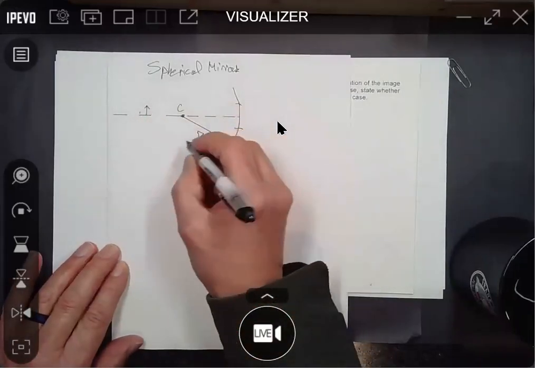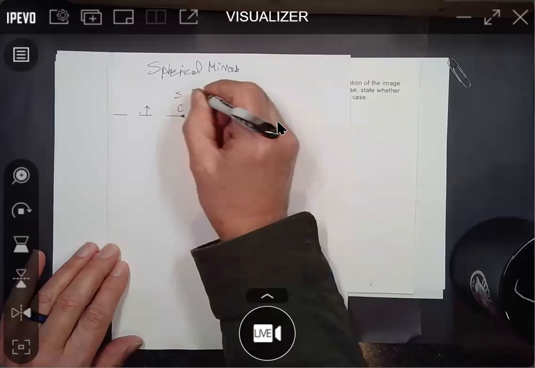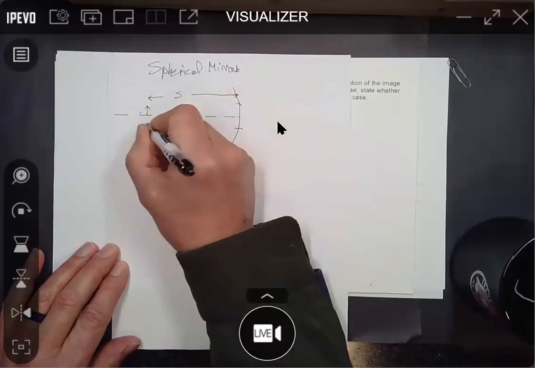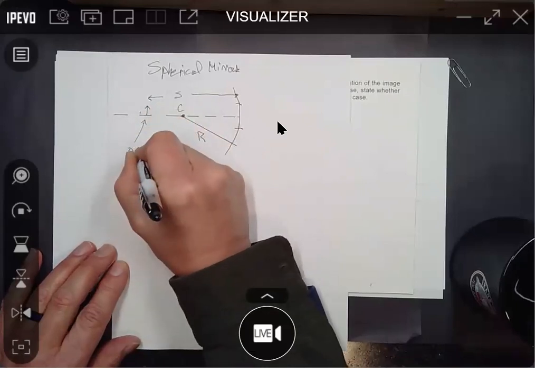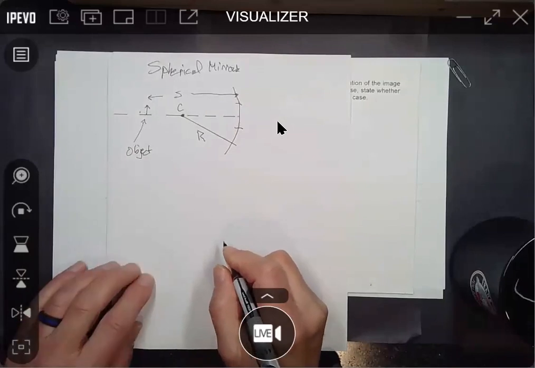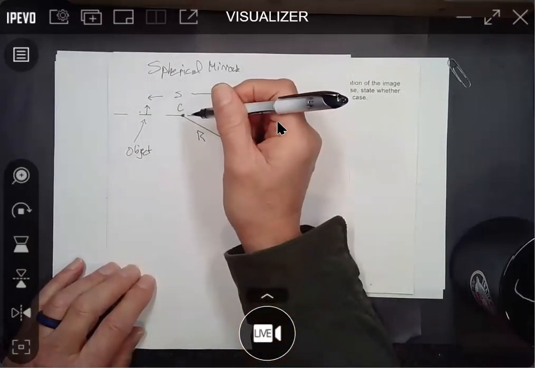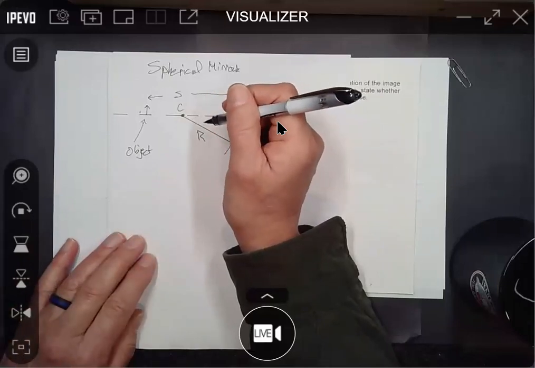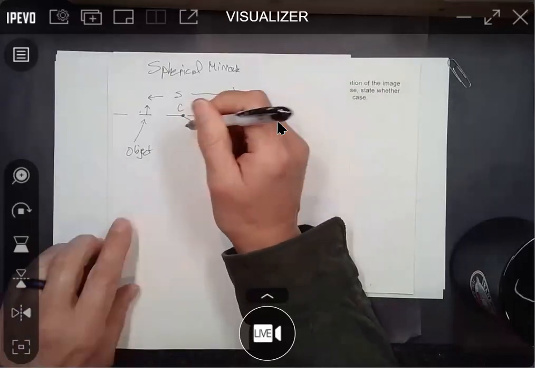But if you've got a distance here, this is going to be the distance S from the mirror to the object. So there's our object. And I think they start off with something that's actually farther away than what I've got here.